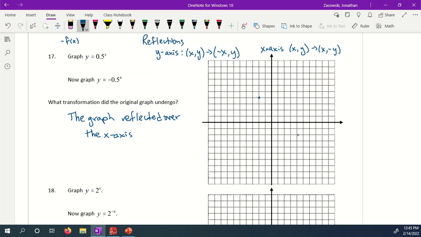Negative 1 is 2. 0 is 1. And then we're at a half and getting closer and closer here. So heading in this direction. And this should be 8.